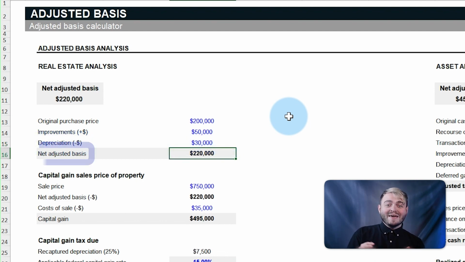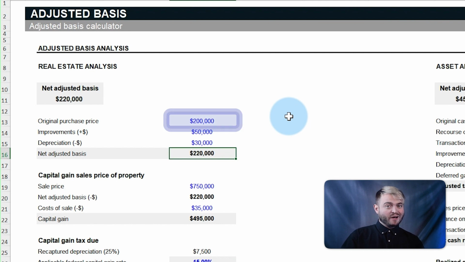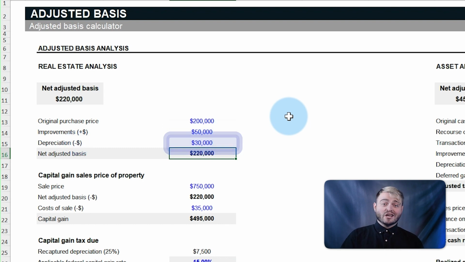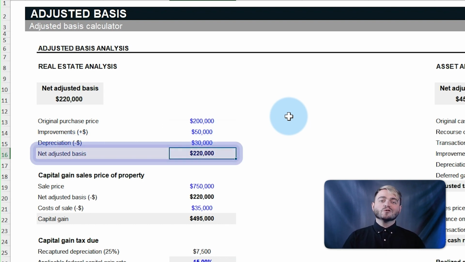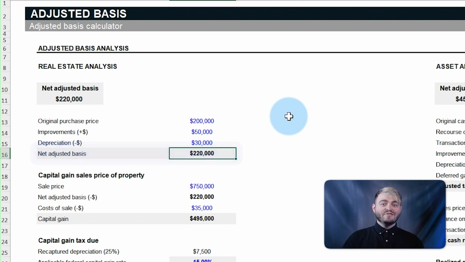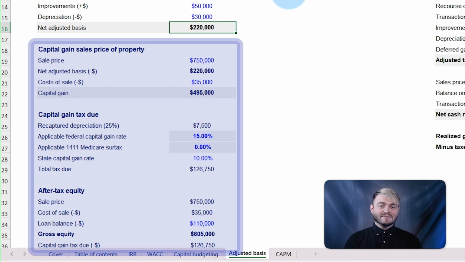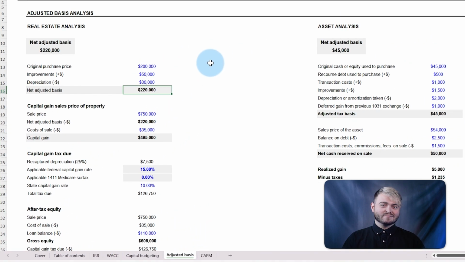The adjusted basis for the property's value would be the $200,000 purchase price plus $50,000 in improvements minus $30,000 in depreciation, which equals $220,000. This adjusted basis formula is essential for calculating taxable capital gains or losses when selling the property.